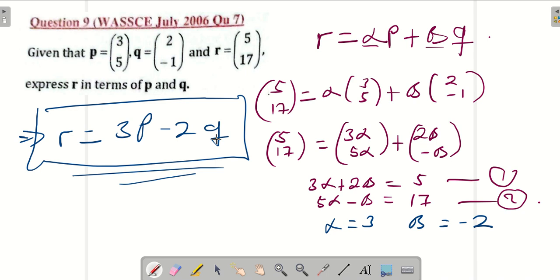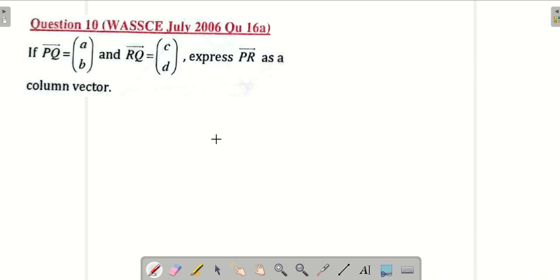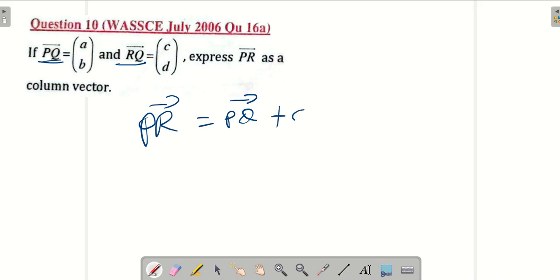Okay, so express PR as a column vector. Can you solve this? Now we know PQ, and we know RQ. Is that right? The question says we should find PR. But we know that PR is the same as PQ plus QR.